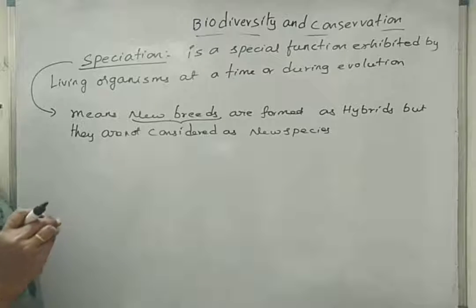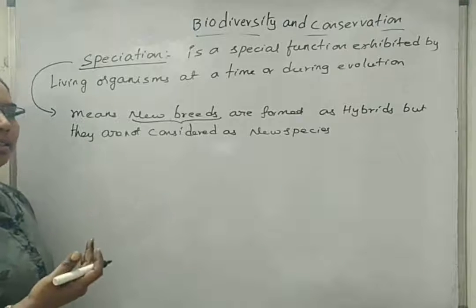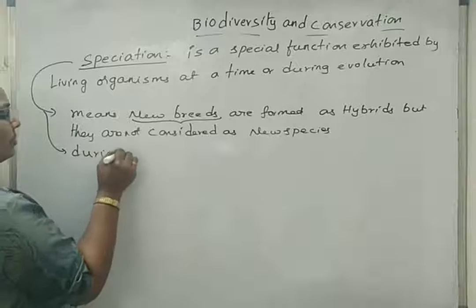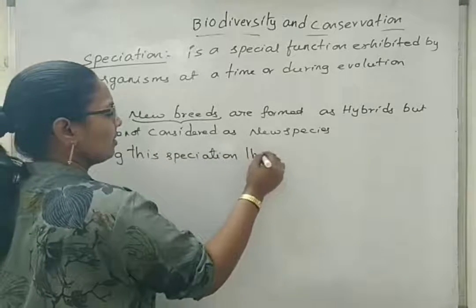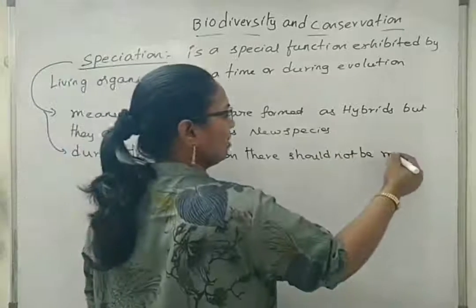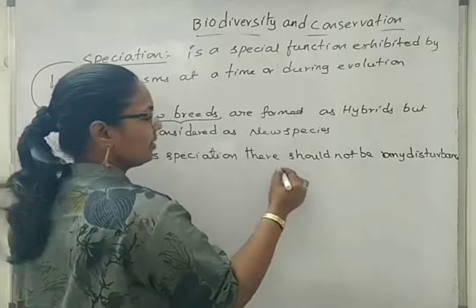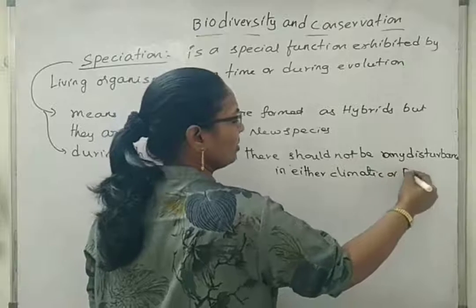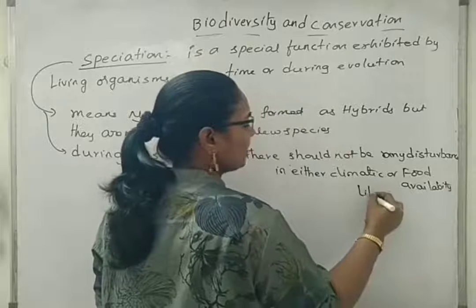During that time, there should not be any disturbance regarding the climatic conditions or any of the other factors like food availability, etc. So, during this speciation, there should not be any disturbance in either climatic or food availability like factors, etc.